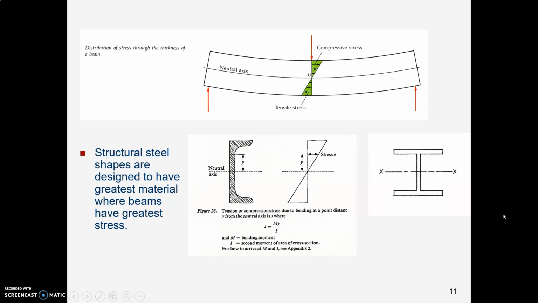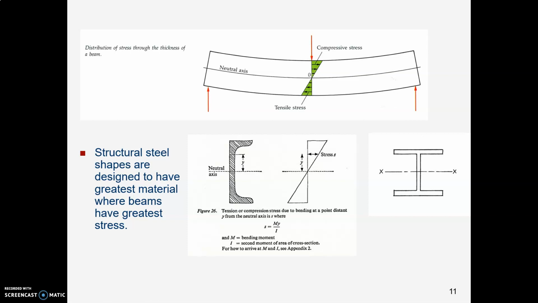And when you look at the end view or the cross section of a beam or a column shape, you will notice that these shapes are designed so that they have the greatest amount of material out at the extreme fiber where the beam has the greatest stress. And isn't that interesting?